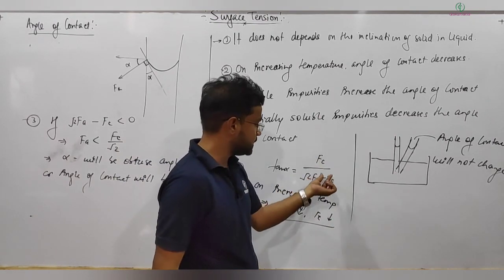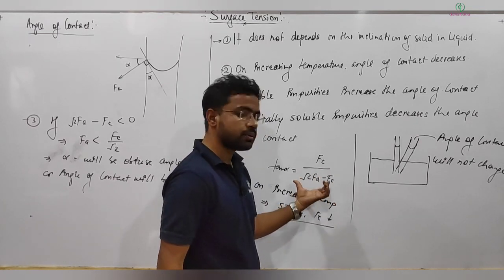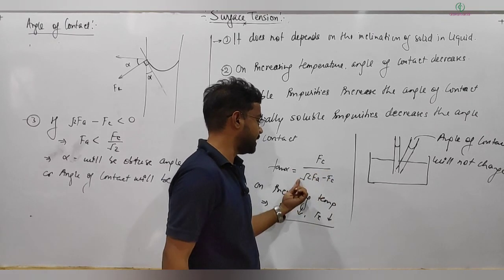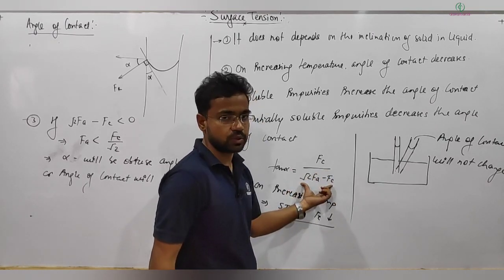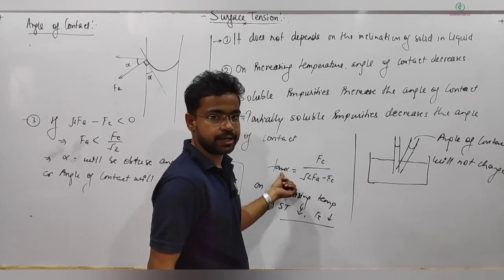If temperature is increasing, this cohesive force will decrease. So overall, let's say at one moment of time, this quantity is becoming 0. Now what will be the angle of contact? It will be 90 degree.